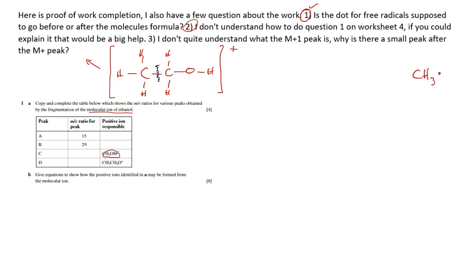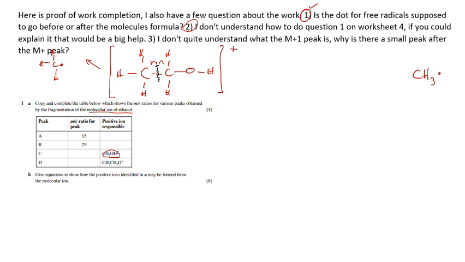So let's draw that here: CH3, and if it was homolytic bond fission like this, and the electron had not been lost from that part of the molecule, you would get a methyl free radical, but that wouldn't show up in the mass spectrometer. So that wouldn't create a peak.